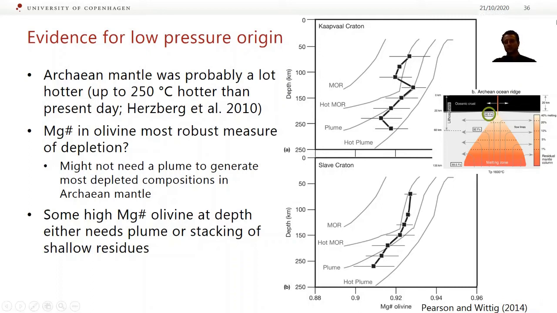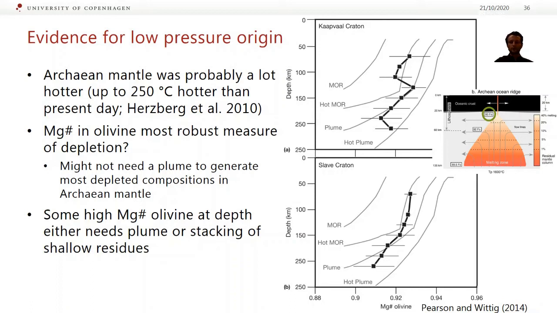On the right, I just repeated this diagram showing the Archean ocean ridge, and I've circled, I don't know if you can see it, the apex of the melting zone right underneath the ridge. In a hotter mantle, you might have been generating olivine with Fo 93 or so, Mg numbers of 93, and that's similar to that kind of constant depletion level that we saw in the Bernstein paper.